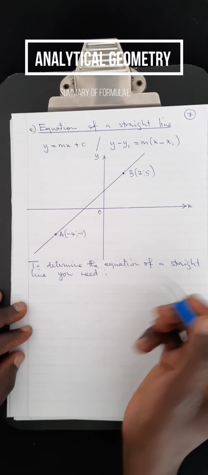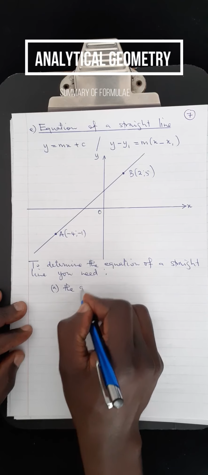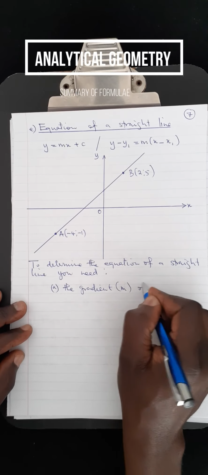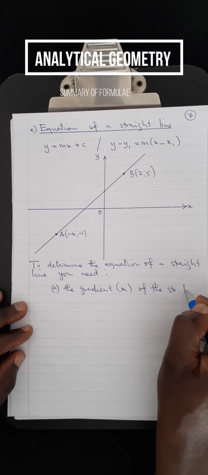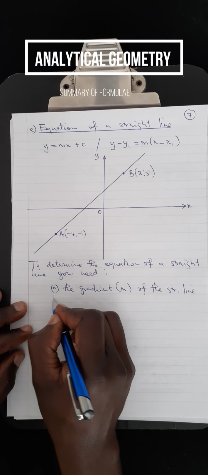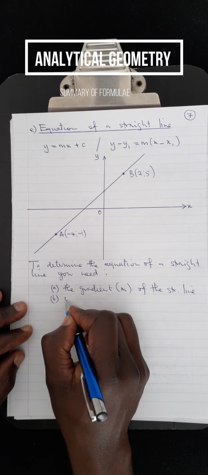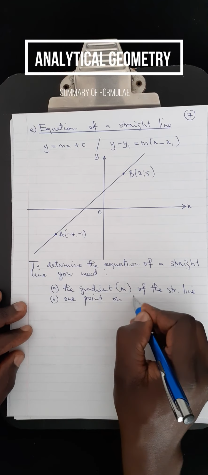A, you need the gradient, which is m, of the straight line. And secondly, you need 1 point on the straight line.